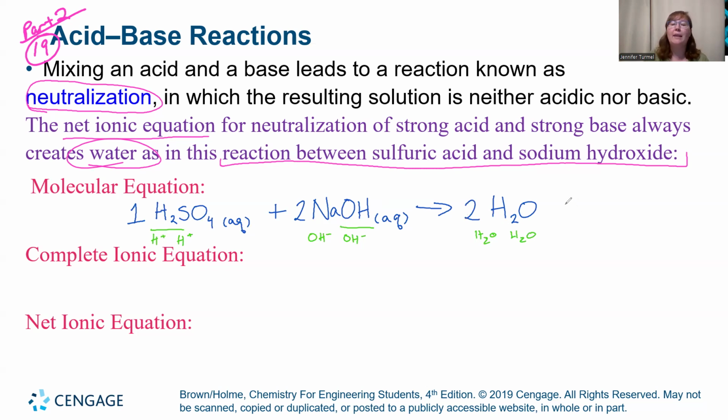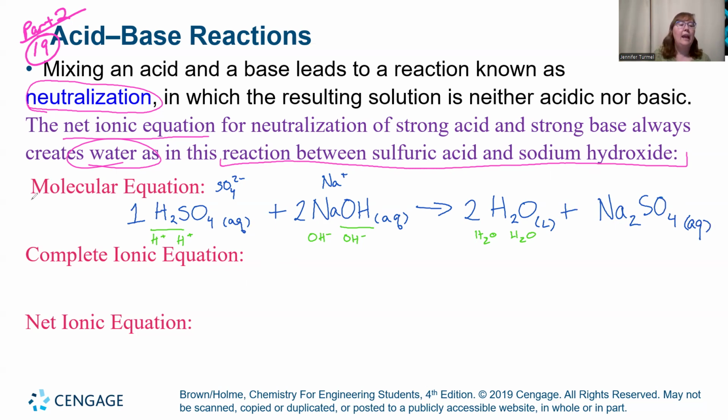And then we're going to finish it up by taking the Na plus from our sodium hydroxide and the SO4 2 minus from our sulfuric acid and making Na2SO4. Now, the state for H2O is liquid, and for Na2SO4, it is going to be aqueous.